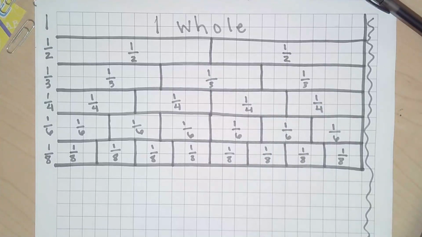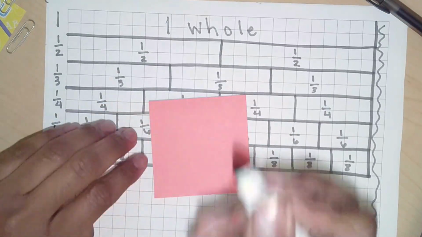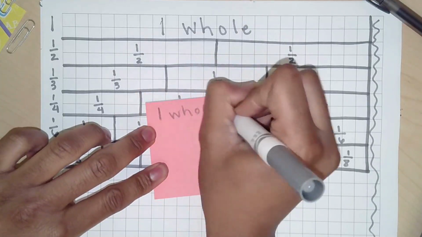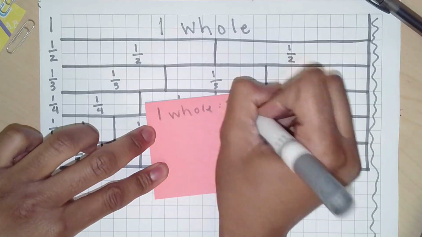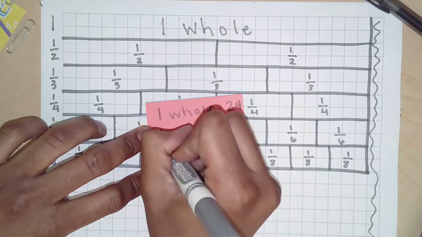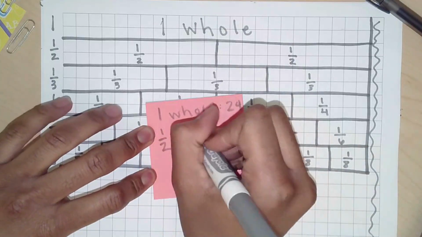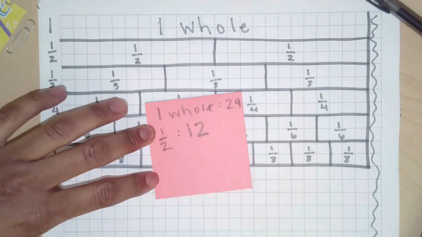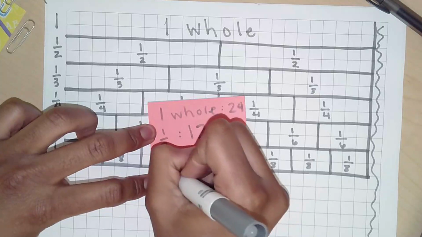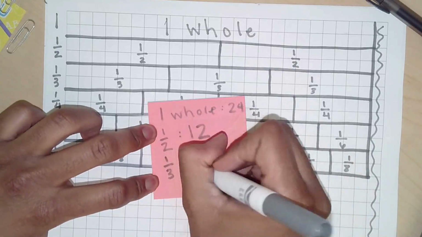So for the whole, we're going to use all 24. And then when we do 1/2, we're going to use 12 for each bar. For 1/3, we're going to use 8 for each bar.